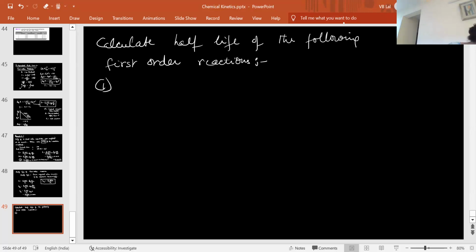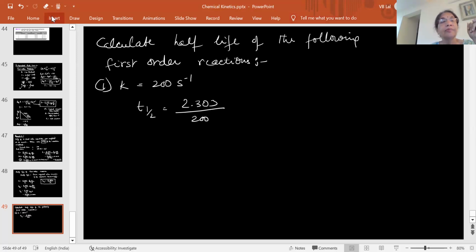One, the rate constant K is equal to 200 second minus 1, because for a first order reaction K will be second minus 1. So for this reaction, I have to find out the half-life. How will I find the half-life? T half is equal to 2.303 by K, isn't it?